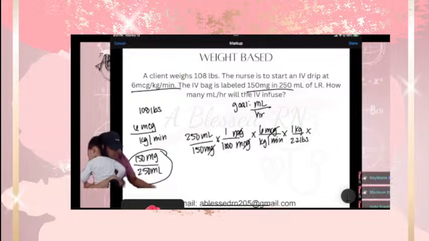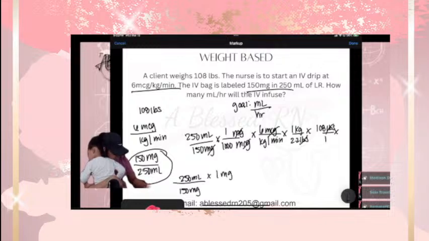I'm going to run out of space because I started too far over. 108 pounds over 1, and then we're going to have to do pounds crossing out. I really don't want to have to write this all the way over, but I guess I have to.